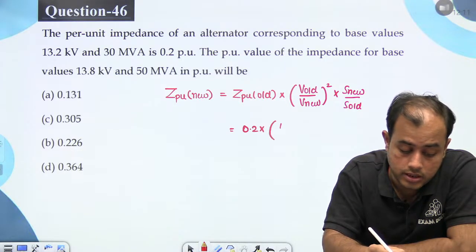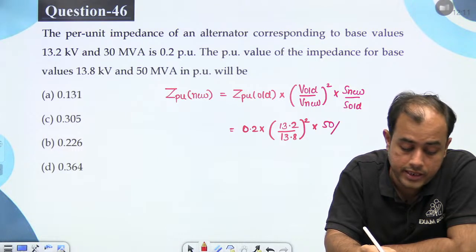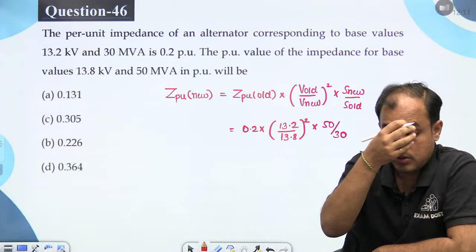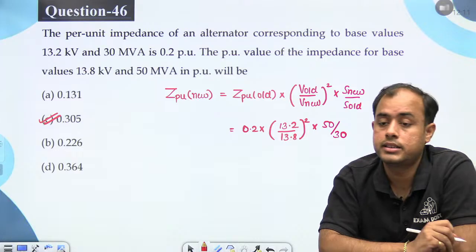So it is given on 13.2, we need on 13.8. It is determined on 50, given on 30. So 0.32, less than 0.32, 0.305.